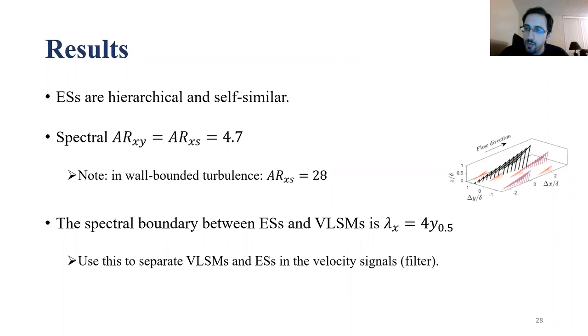In my experience, when I located the reference sensor at the center line, because around the center line the eddies are kind of isometric, I didn't get a very good view. First of all, the eddy structures were not self-similar at the center line. And also, they were smaller compared to eddies away from the center line.